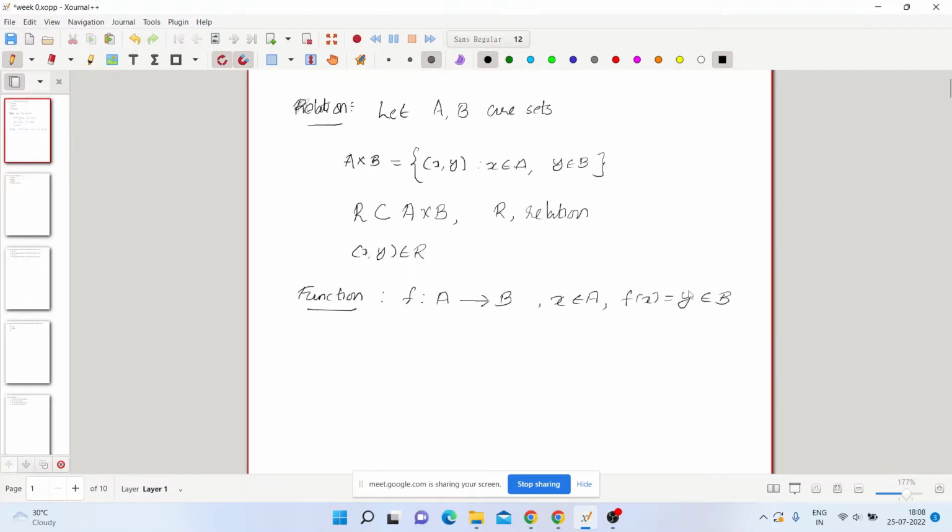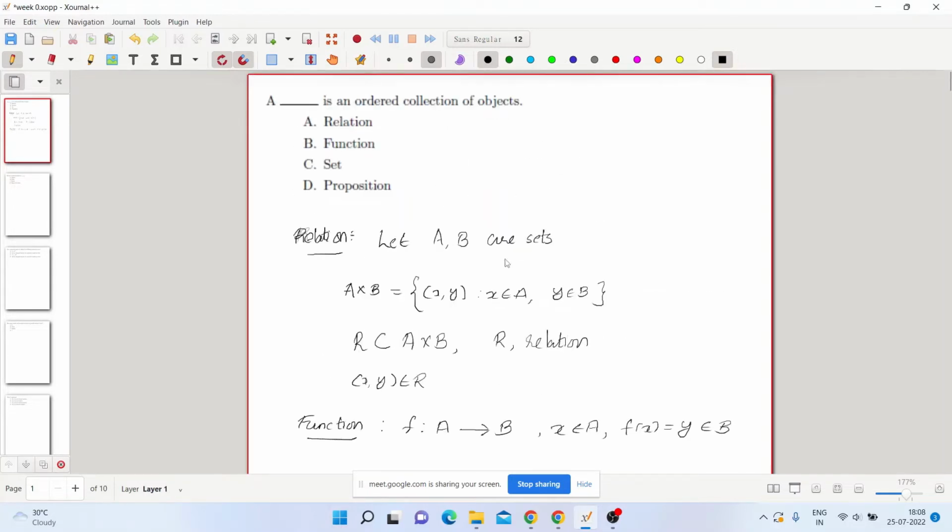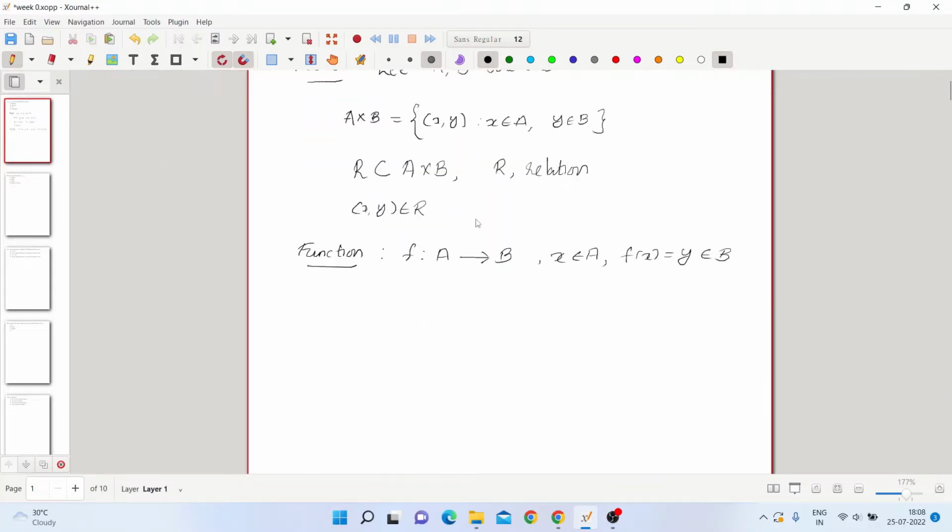This y will be unique for each x. Or we can say that this f can be seen as a subset of a relation. That is, corresponding to each x in A, we have a y in B. So, it is also a form of subset of the Cartesian product. So, a function is a relation also. But conversely, a relation need not always be a function. Now, let us go to the next term, set.